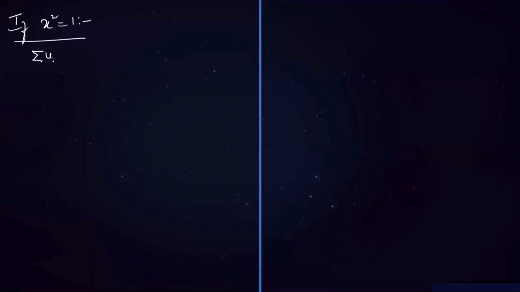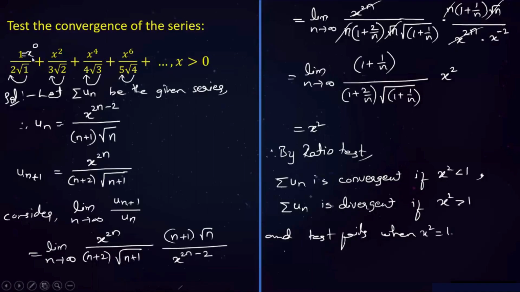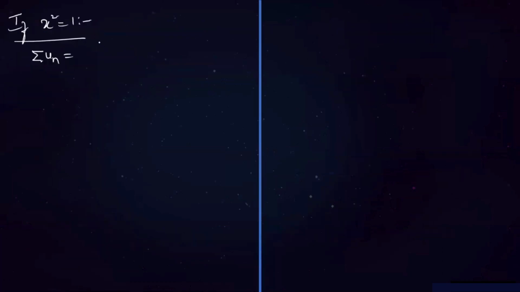Summation un is equal to, look at that, everywhere we have x square, in fact, they are all powers of x square. x power 4 can be written as x square whole square, x square whole cube, and that's how all the numerators simply become ones. And in the denominator, it is n plus 1 into root n, as you can see. So summation un becomes summation 1 divided by n plus 1 into root n.